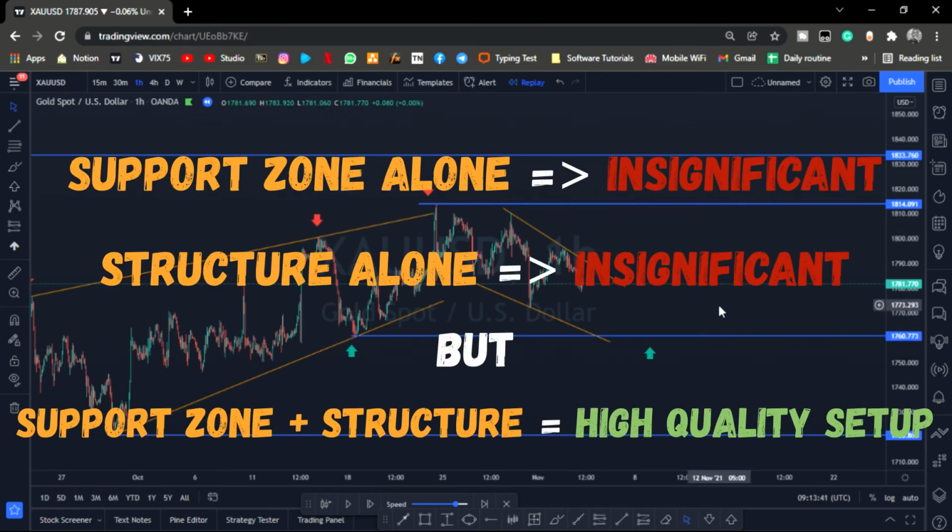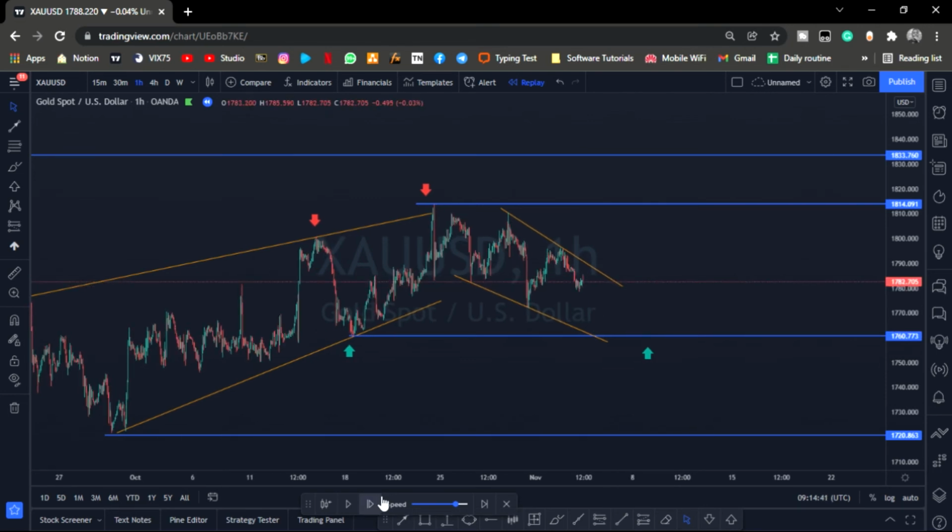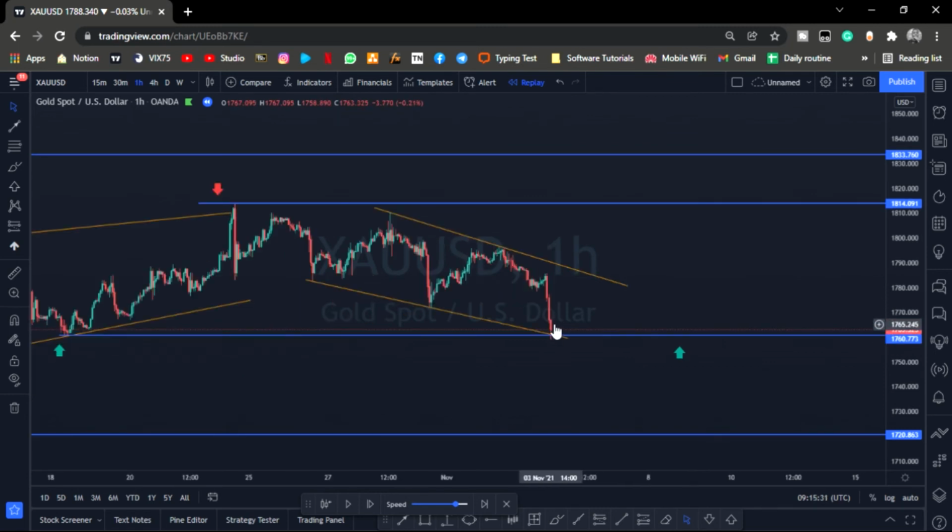So these are two things saying the same thing, and that's a recipe for a high quality setup. So if price can drop to this point and give me a reversal pattern at this point... as you can see, price is dropping, just touched the resistance zone. If this particular candle closes inside the structure, there's a very high probability that we are gonna have that buy.